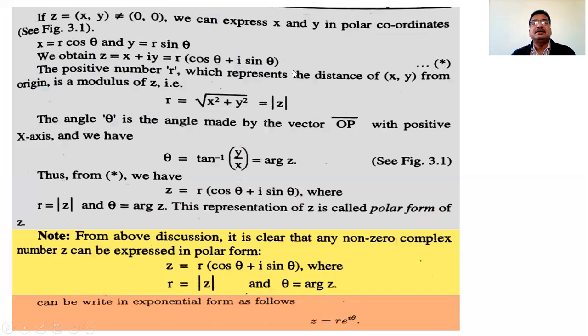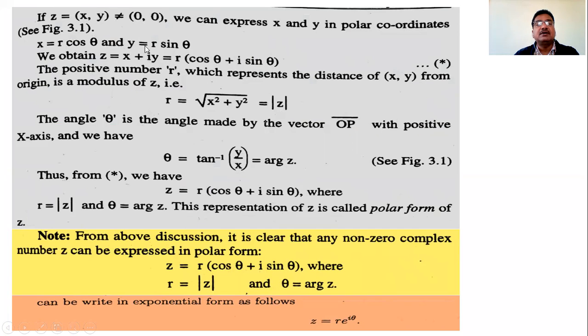So if we substitute x and y as r cos theta and r sin theta, then we have z equal to r in brackets cos theta plus i sin theta, taking r as the common factor. Then r is root x square plus y square, and theta is tan inverse y by x. So z is equal to r cos theta plus i sin theta, which is another form of the same number x plus yi, and this is called the polar form of z.